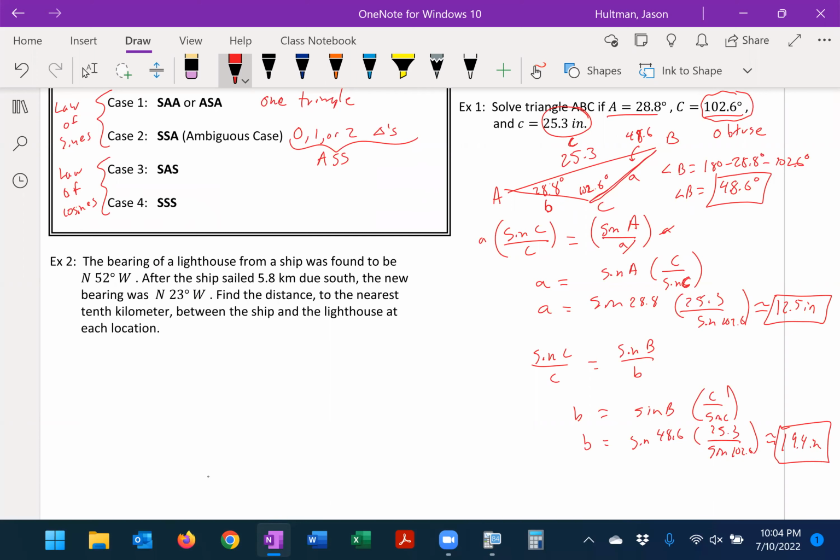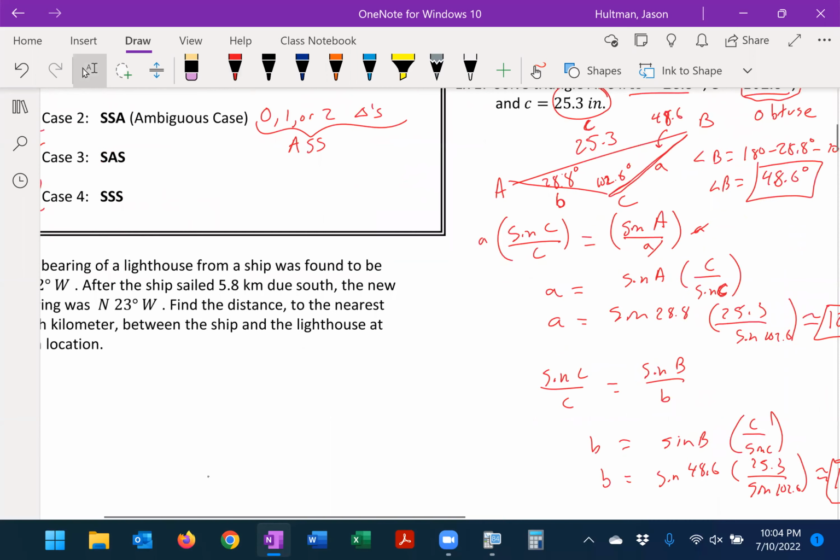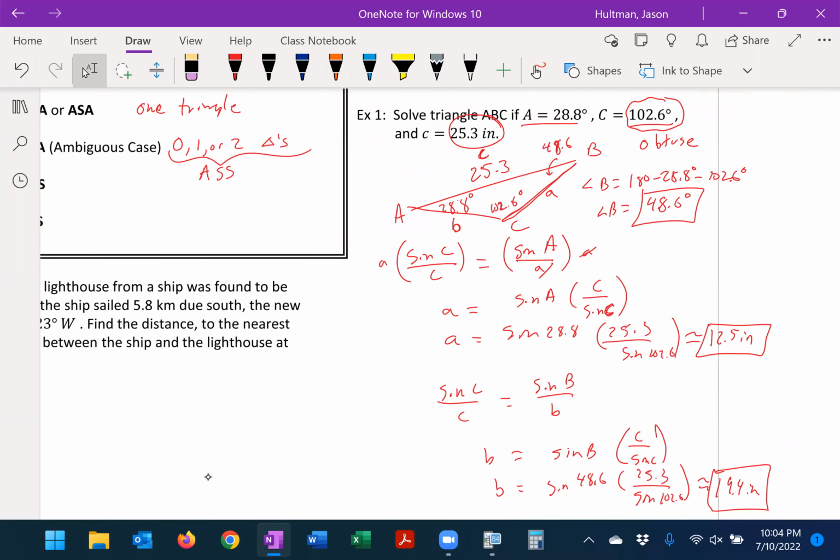Okay, so if we go back to our triangle here, A ended up being 12.5 inches, and B is 19.4 inches. And we want to ask ourselves, does this make sense? Does it make sense that the smallest side is opposite the smallest angle? Yes, that does make sense.